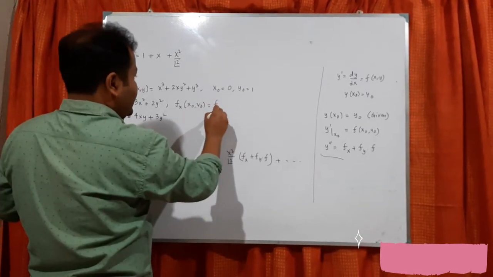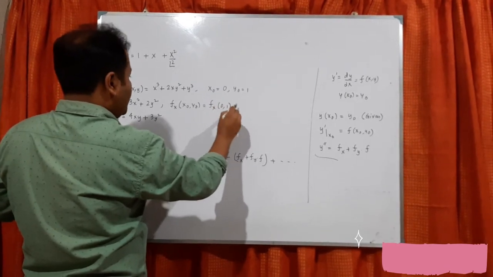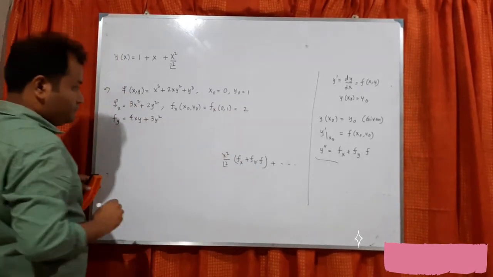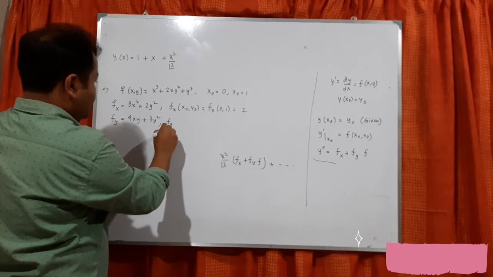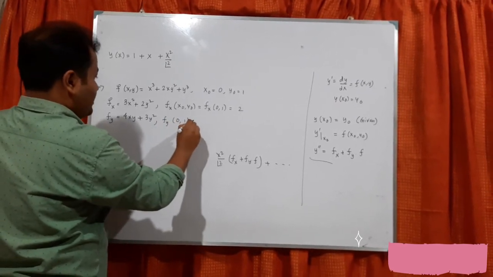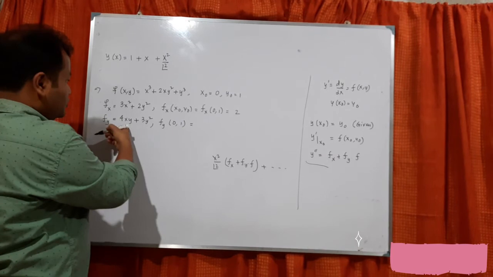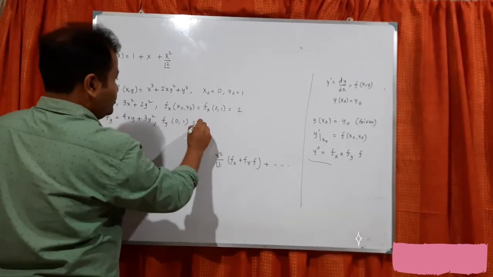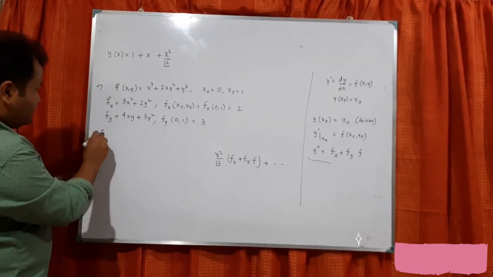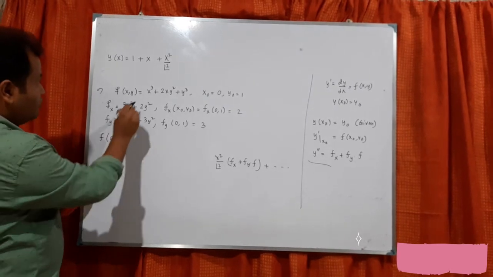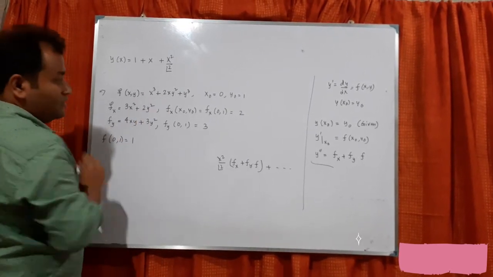So basically fx at 0 comma 1 will be 2. Fy at 0 comma 1, x will be 0, y will be 1, so it will be 3. And f at 0 comma 1, x equals 0, y equals 1, so 1.